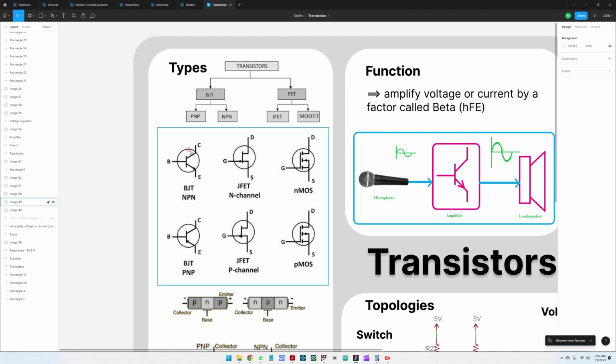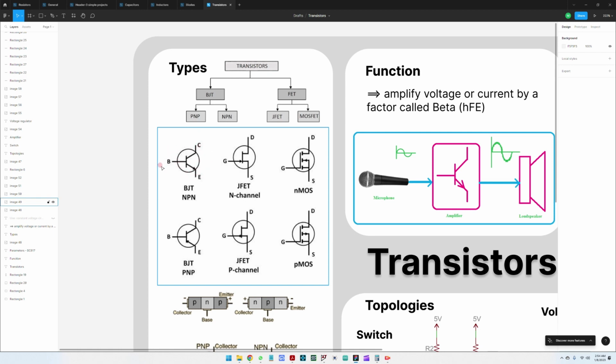So how does this transistor work? For this case, where we have an NPN transistor, we inject current into the base to the emitter, and this will cause the current to flow from the collector to the emitter.